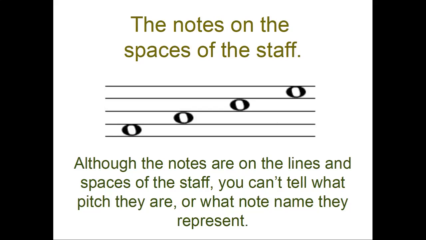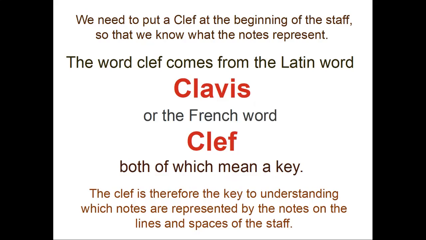Although the notes are on the lines and spaces of the staff, you can't actually tell what pitch they are or what note name they represent. We need to put a clef at the beginning of the staff so that we know what the notes represent.